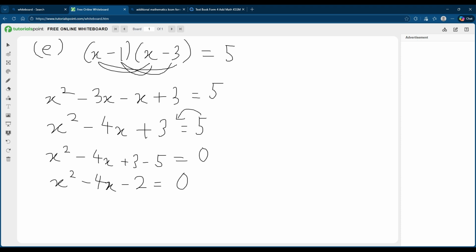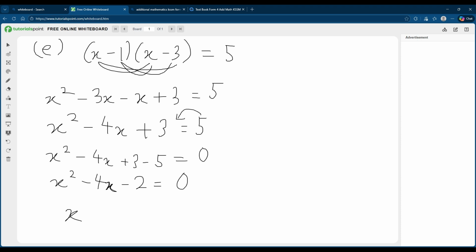Got the answer. The next step after this, we just use the formula, substitute using the formula, the usual steps: negative b plus minus, and so on. I won't show too many steps, but you can do it by yourself so that you can learn and practice.